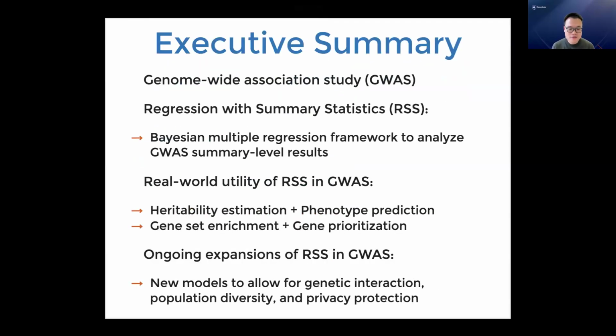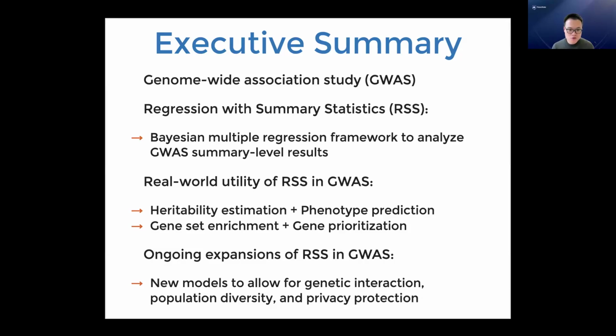So here's a brief summary of my talk today. I will start with some background introduction about a very useful approach in human genetics nowadays called the Genome-wide Association Study, or GWAS. And then I will present a Bayesian statistical framework that I've been developing for many years, called Regression with Summary Statistics.